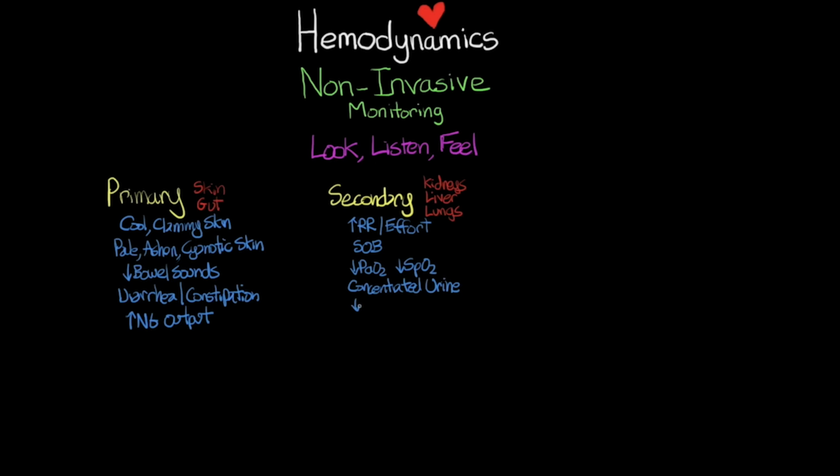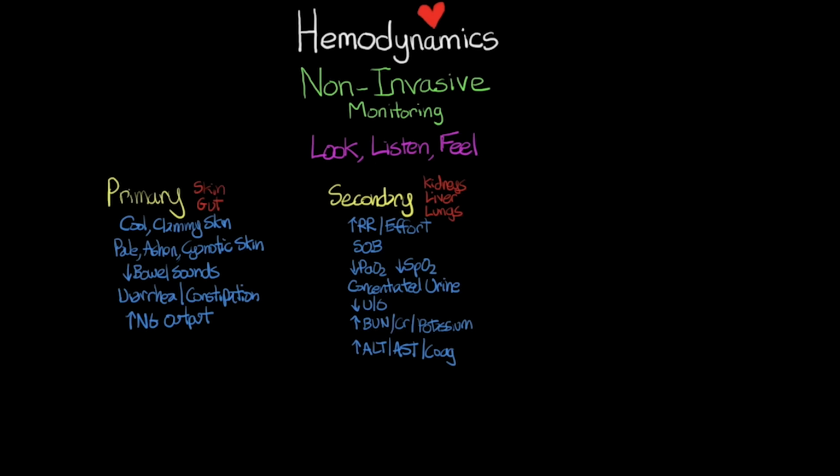You'll have decreased urine output. And then along with that, you'll begin to see a rise in your BUN, creatinine, and potassium. And then you may also see a rise in your ALT, AST, and an increase in your clotting times.